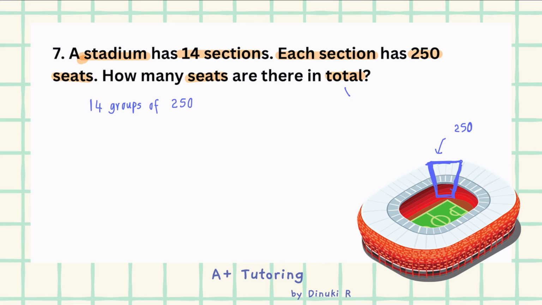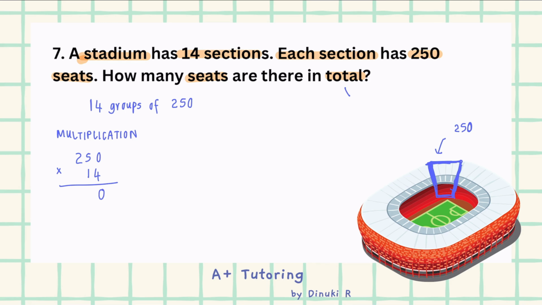Because we've got 14 sections. Each of those sections has 250 seats. So my recommendation is to use multiplication here. It's a lot easier than trying to write 250 down 14 times. So you can just go 250 times 14.